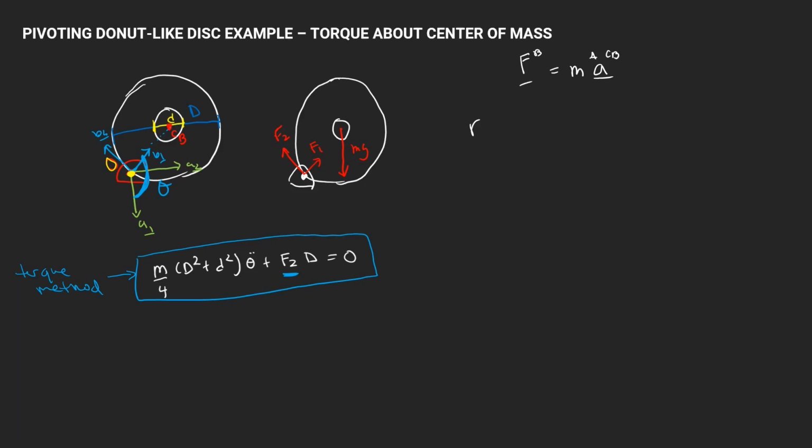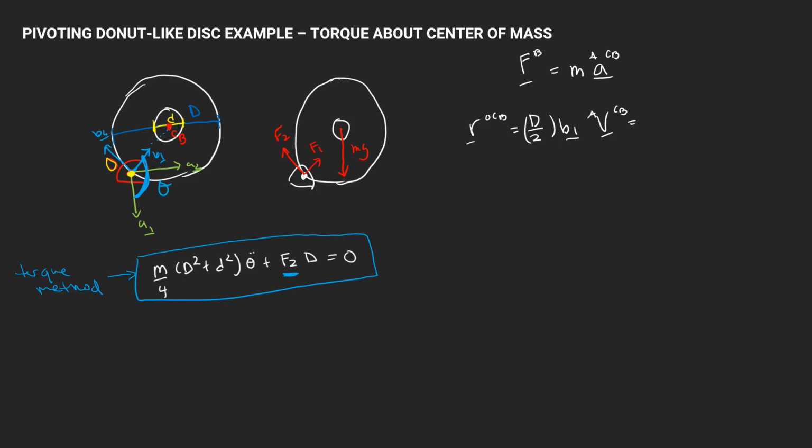So let's start by writing the position of the center of mass in frame A. That's going to equal d over 2 in B1. And we have the velocity of our center of mass. I'm going to go through this quickly because this should be old hat by now.